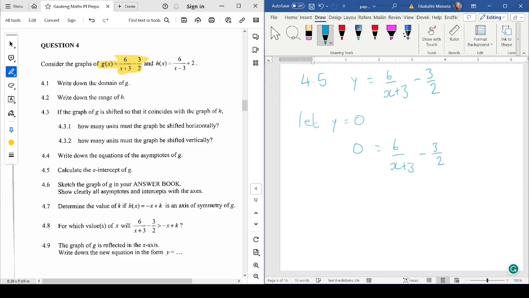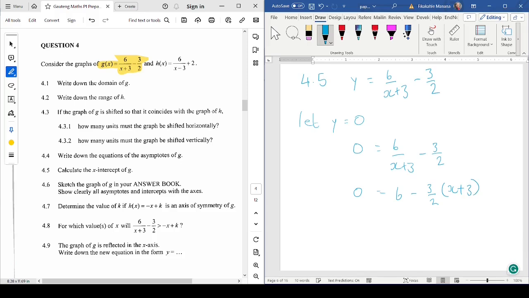All we have to do now is some mathematical gymnastics. So we'll first of all multiply everything by x + 3. So this side is still going to be 0. This side is going to be 6 minus 3/2 times (x + 3).